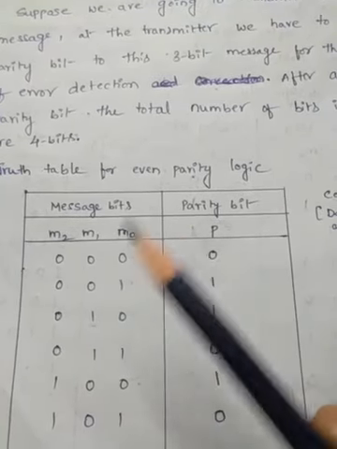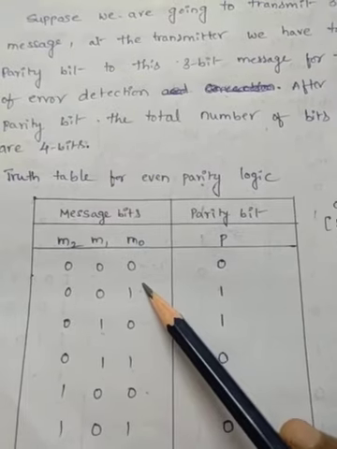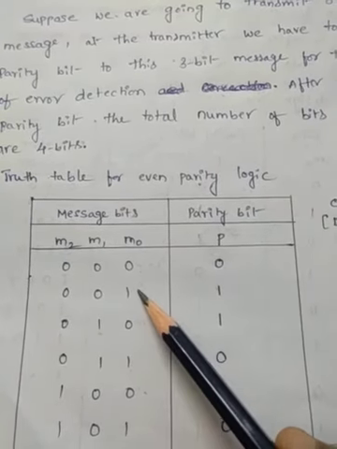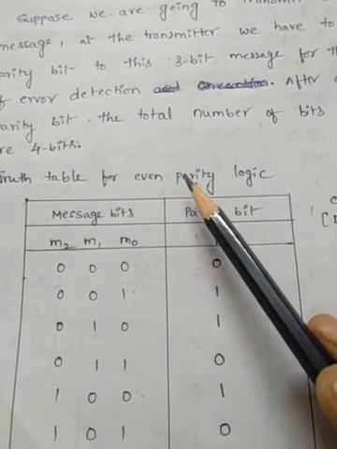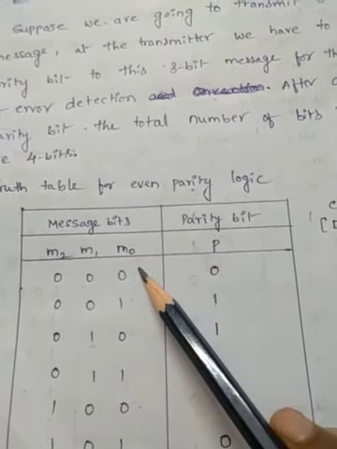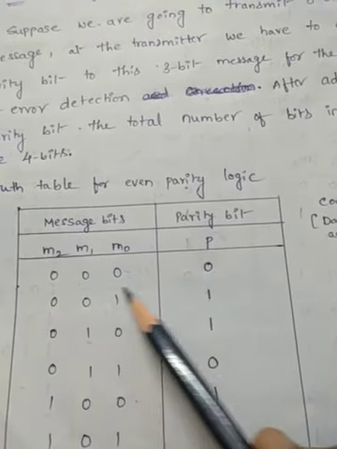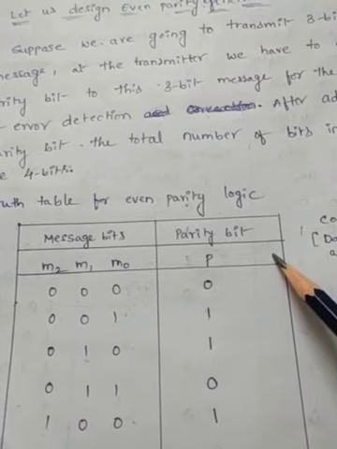And if there are an odd number of ones in the message bits, then the parity bit is 1. So in even parity logic, after adding the parity bit, the total number of ones must be even.